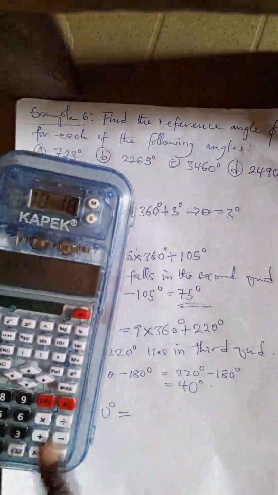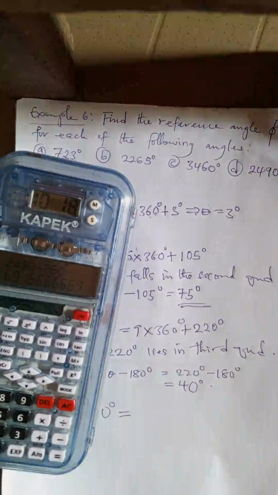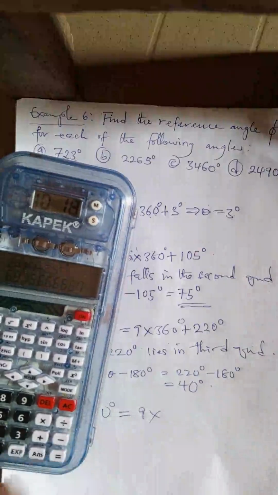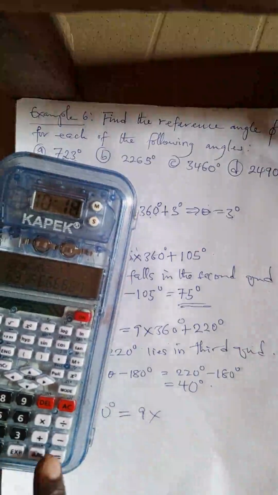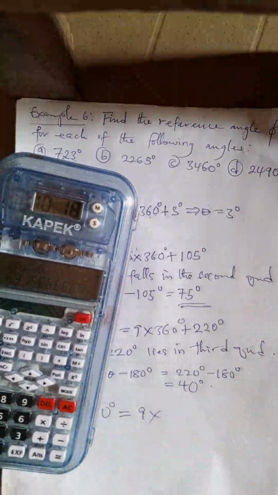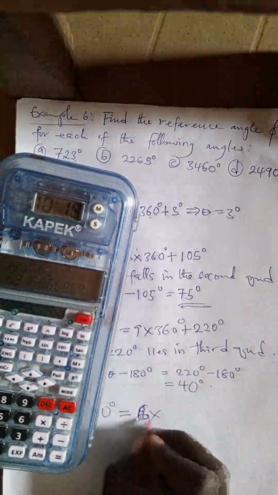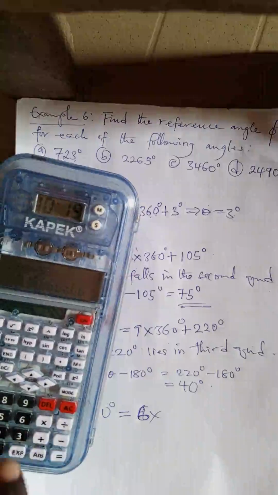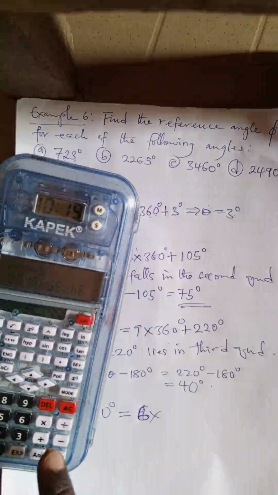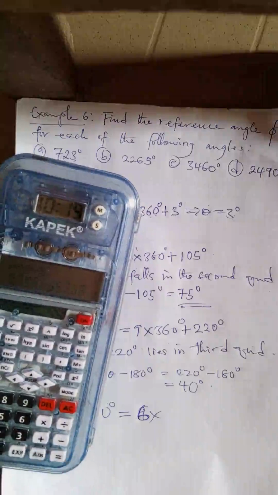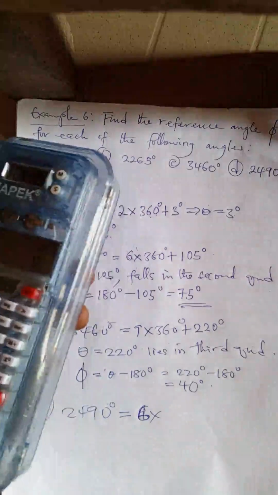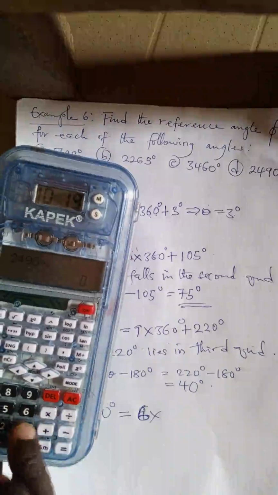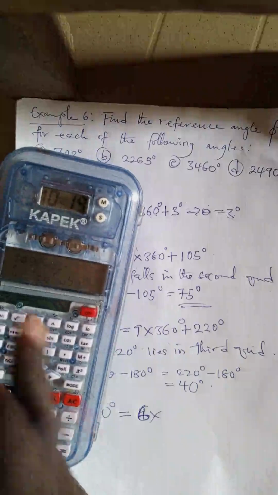You just say 2490 divided by 360 equals to 6.9.